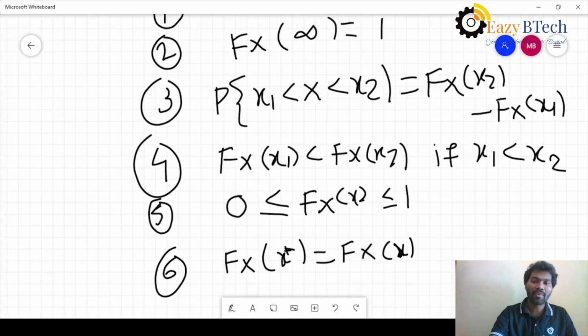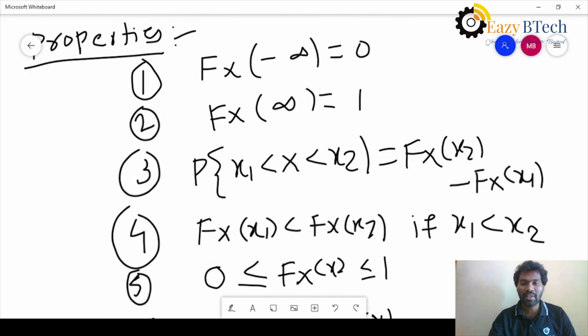Now we will see the properties one more time. F_X of minus infinity is equal to 0, so minus infinity, the leftmost point on the real axis, has a probability of 0. Similarly, F_X of infinity is equal to 1, so the rightmost point has a probability of 1. Similarly, the third one: P of x1 less than X less than x2 equals F_X of x2 minus F_X of x1.